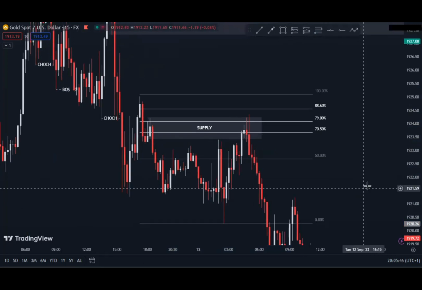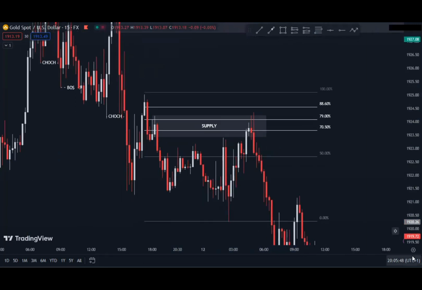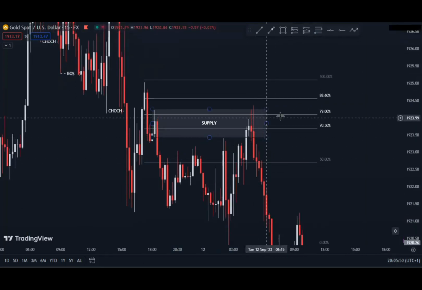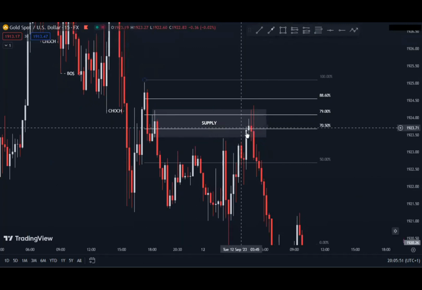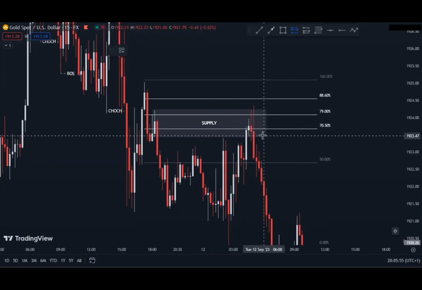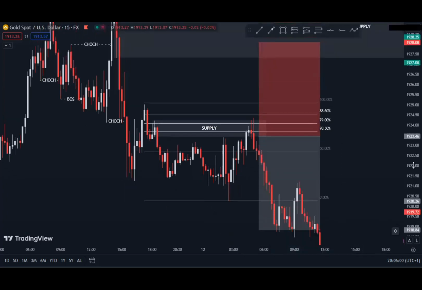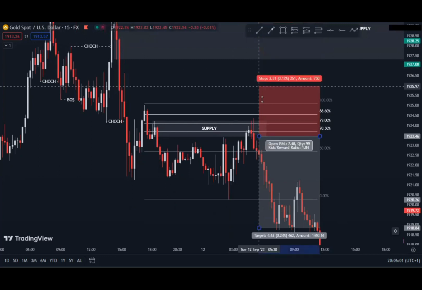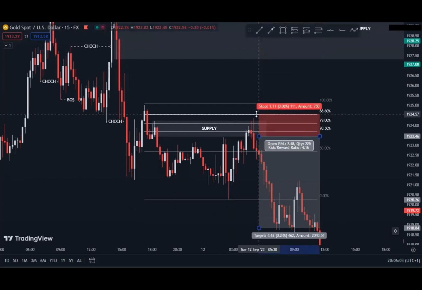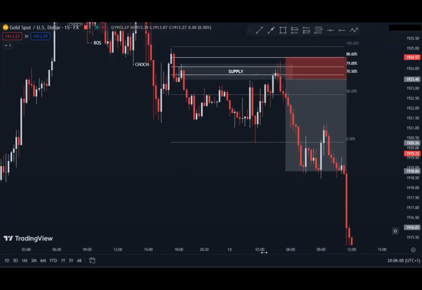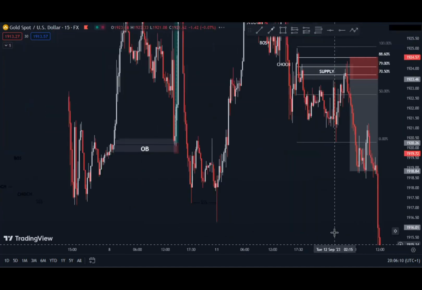If you know anything about premium discount price, you know that this is the perfect zone to take our entry from. So we would have taken a sell right here. Our stop loss will be just a target tight with this 860, and we'll be looking to target the lows.